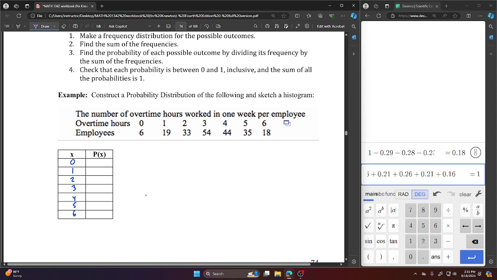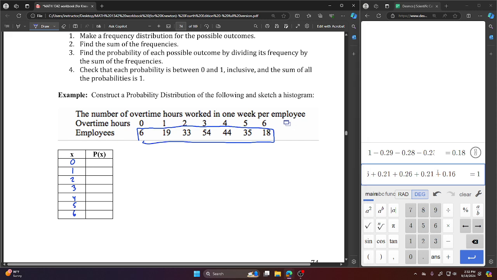So far, so good, right? But I need to find a probability, and that's always selected over total. What would be my total here? What do I do to find my total? I'm going to count them. I need to count all these technically, right? Because here, this is 6 people who got 0 overtime, and then 19, and then 33, and then 54.